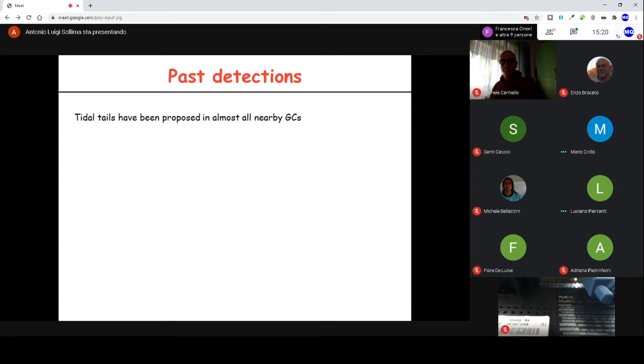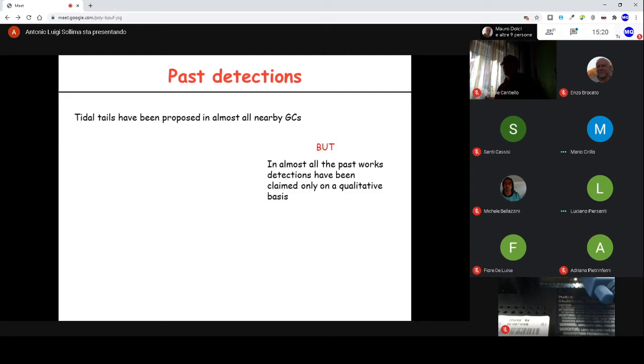If you look at the past studies on tidal tails, you make a research in the literature, you realize that there is at least one paper for each nearby cluster claiming the detection of tidal tails. I'm a bit critical with many of them, but that's because there is a strong problem, which is the fact that in many of these works, the analysis of the tails is made only on qualitative grounds.